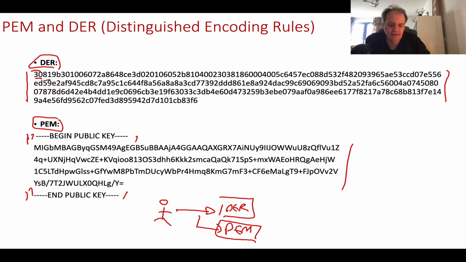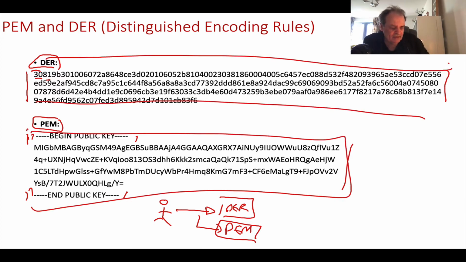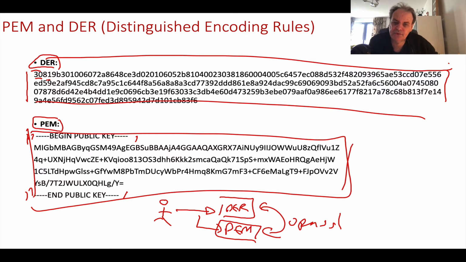So that's the binary format, and that's the text format there, and we can translate between DER and PEM, typically using OpenSSL to convert from the binary format into the text or base64 format, and then vice versa. And most systems will interpret either the DER format or the PEM format.